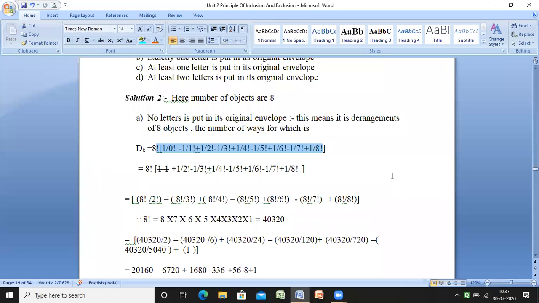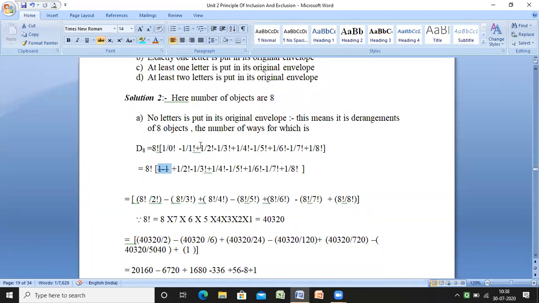Now after solving that, what do we get? 1 by 0 factorial, the first term, means 1, and 1 by 1 factorial is again 1. So both of these cancel.